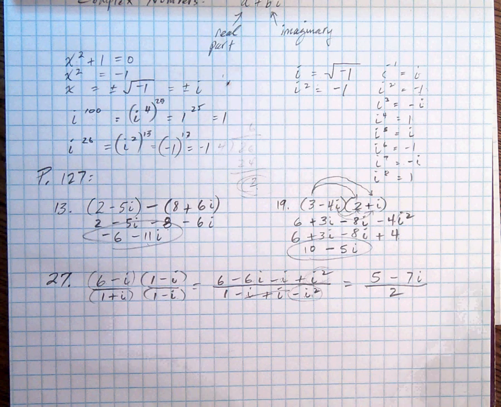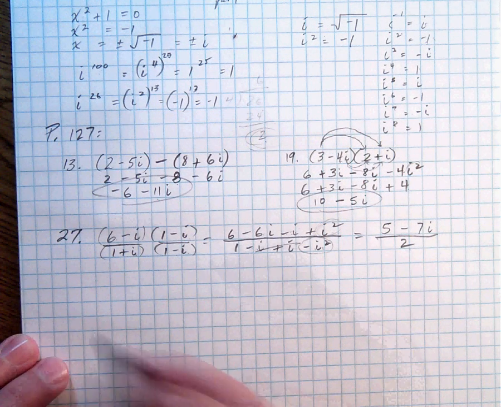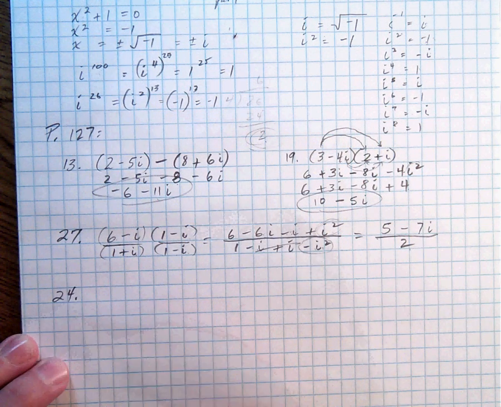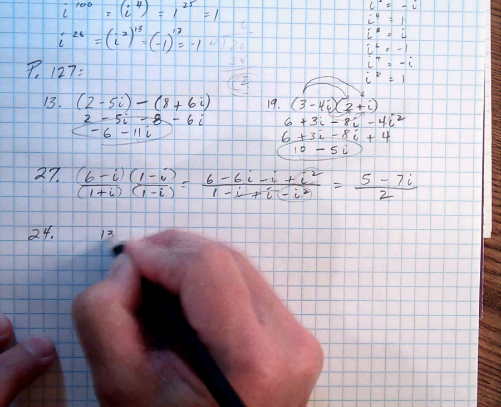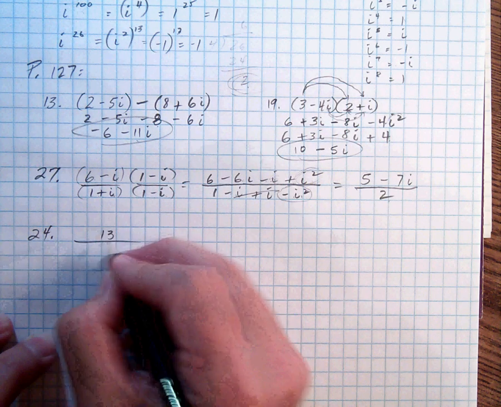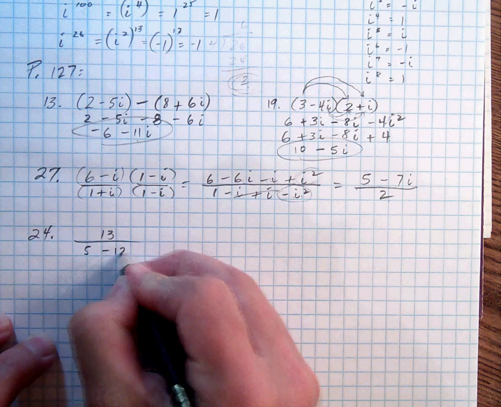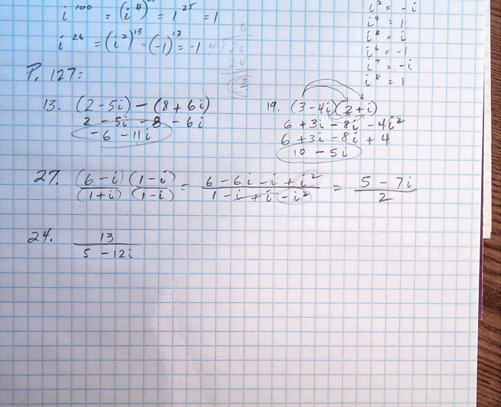Alright, let's try one more like that. Let's do 13 over 5 minus 12i. Alright, so what do I multiply top and bottom by?